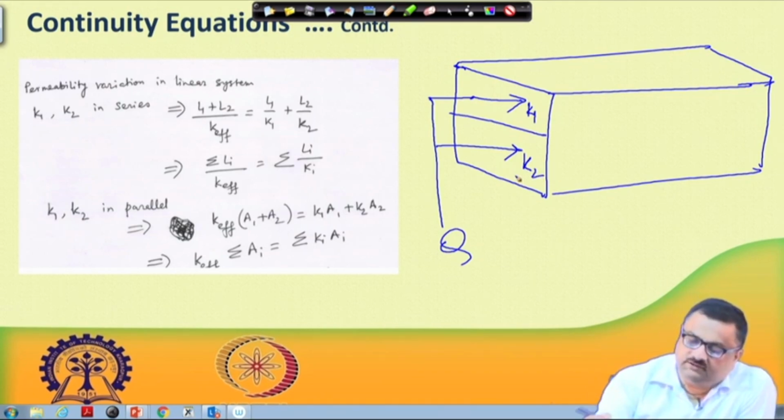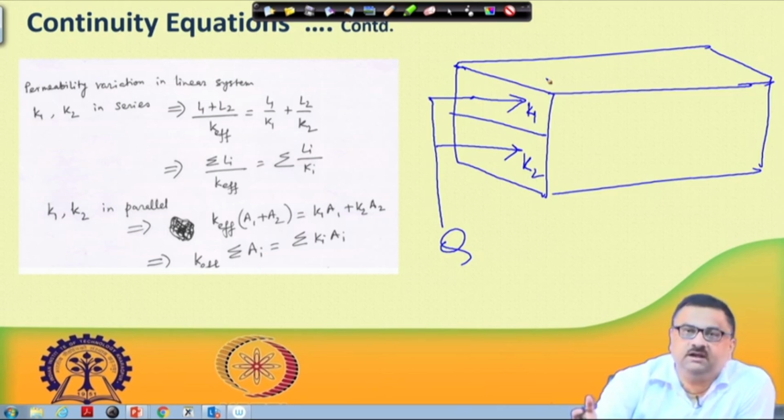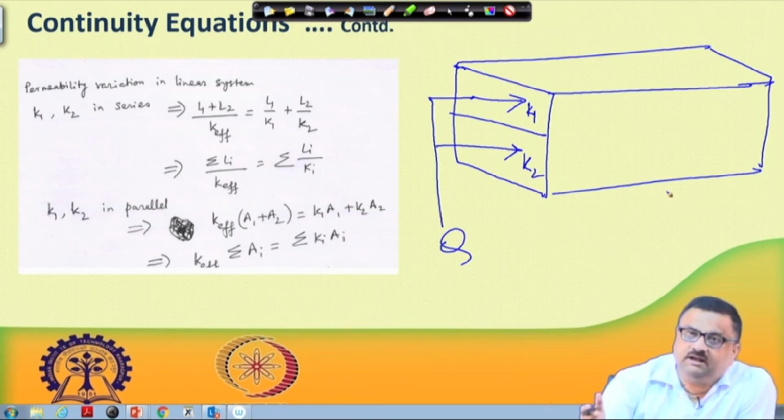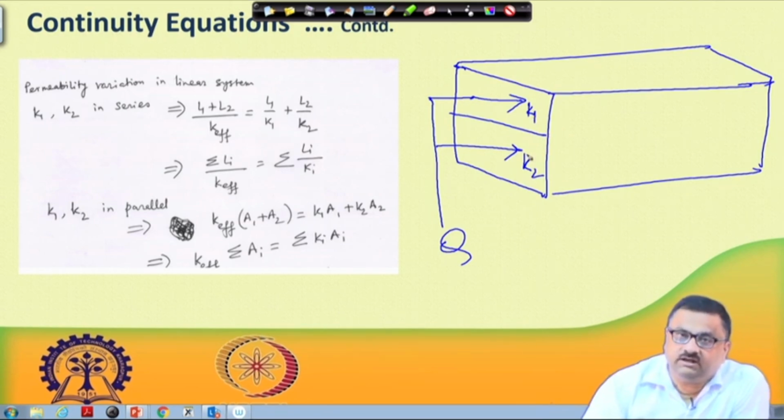For the top section, the velocity would be, now here in this case we can assume that the pressure gradient is same. So, pressure P in minus P out is same. So, for all practical purposes, del P del x, if this is the direction x, is the same for section 1 with permeability K1 and section 2 with permeability K2.